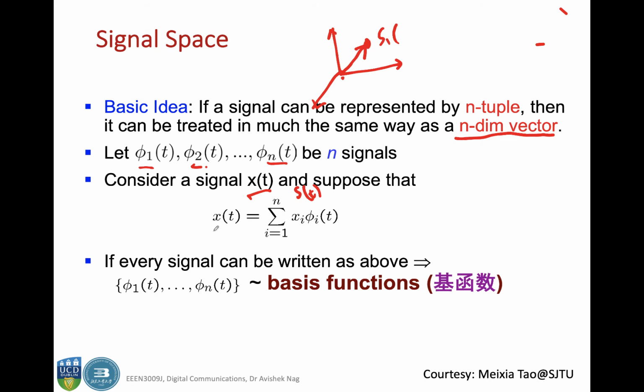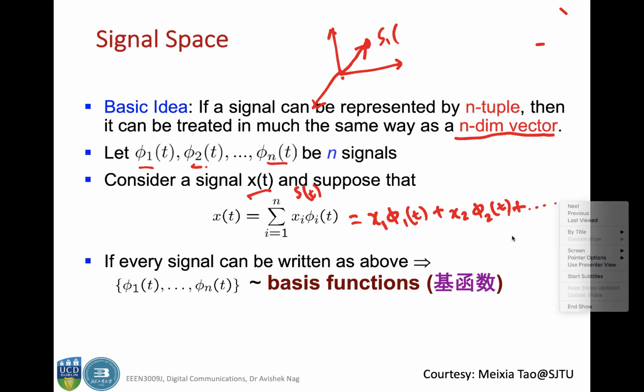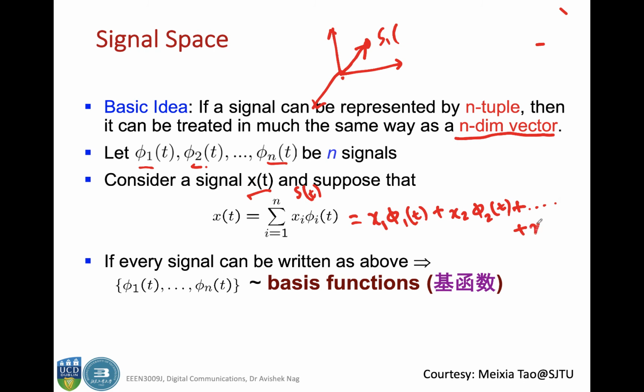If you can write x(t) as a linear combination of these n signals, phi1(t), phi2(t) up to phi n(t), then with individual components xi, so let's say x1 times phi1(t) plus x2 times phi2(t), and so on, up to xn times phi n(t).